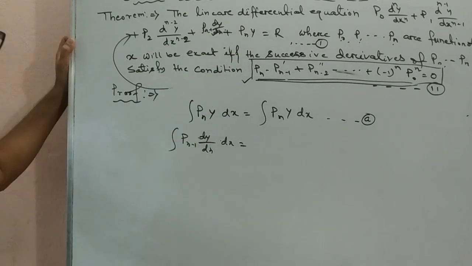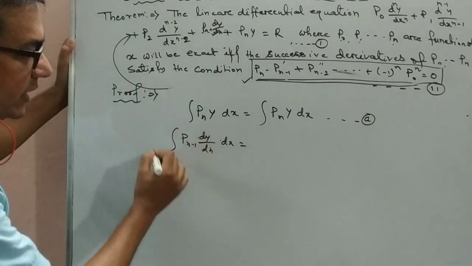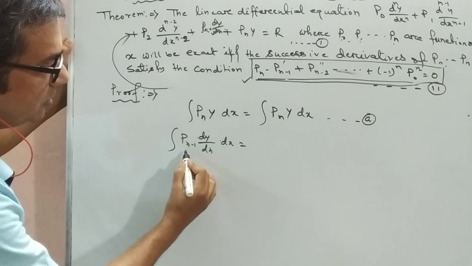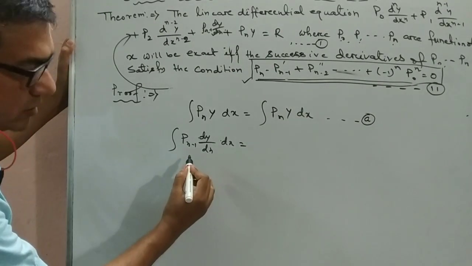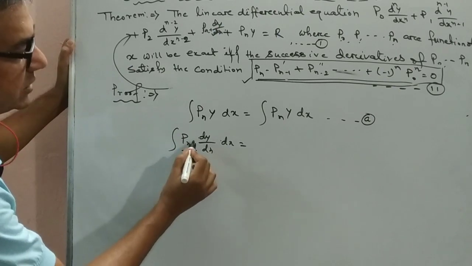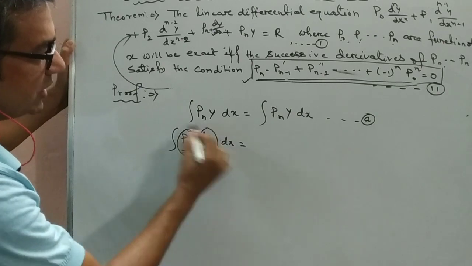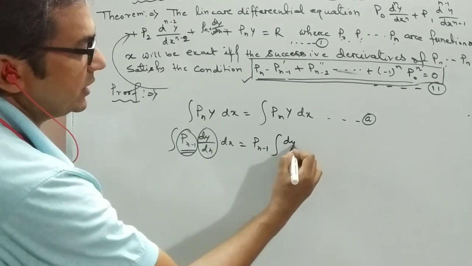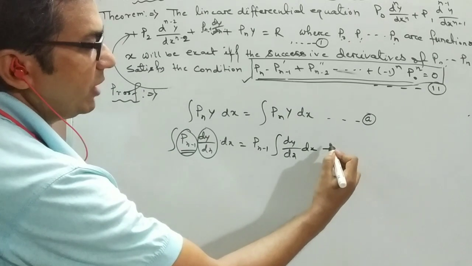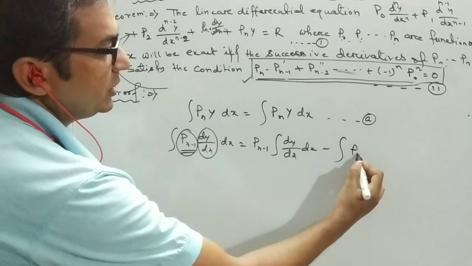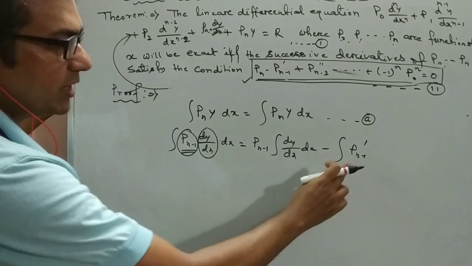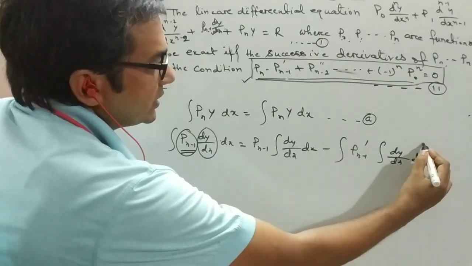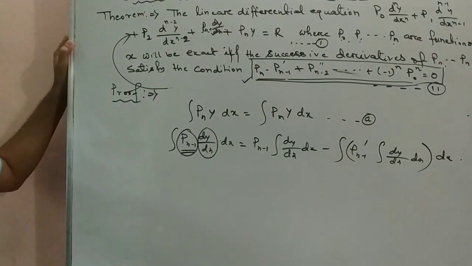Then we integrate this by parts, taking this term as the first term and this term as the second term, and we get P_{n-1} times the integral of dy/dx dx, minus the integral of P_{n-1}', that is the derivative of the first term, times the integral of dy/dx dx, and here the whole integration.